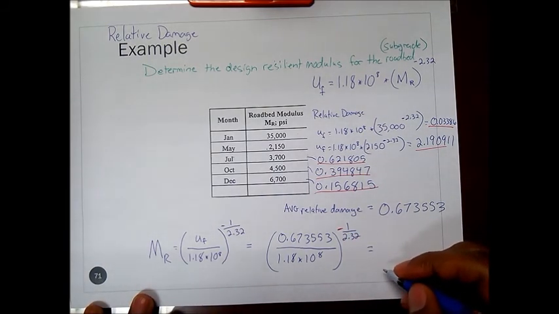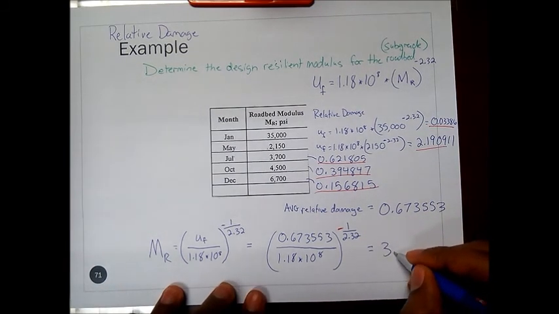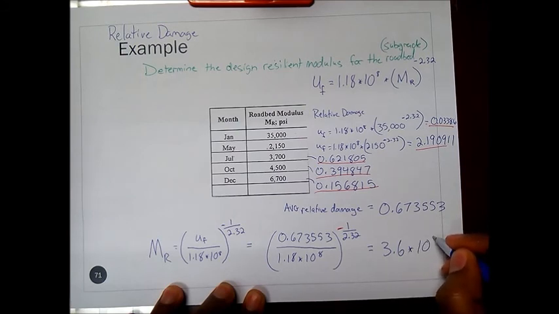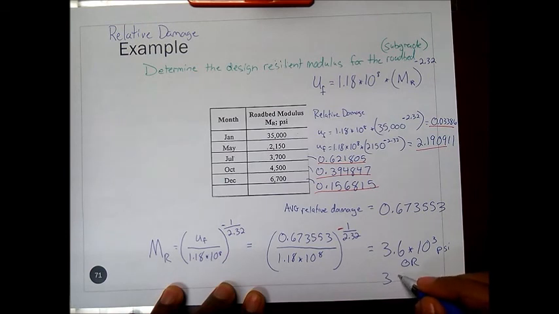And that ends up giving me something very close to 3.6 times 10 to the third. If you really want to be specific, you should get a resilient modulus close to 3.574.